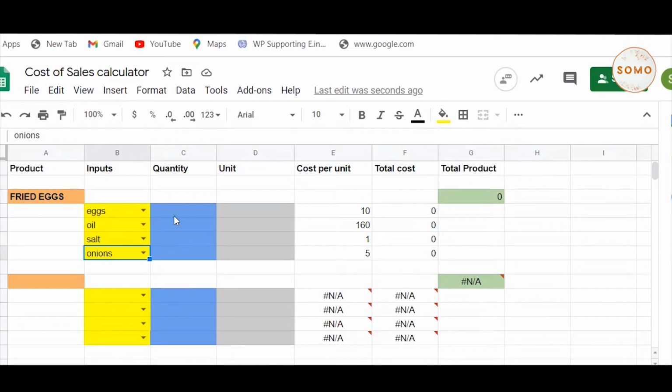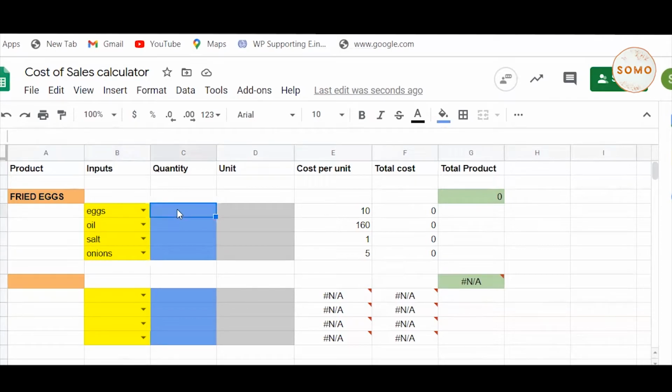After filling in the inputs for making fried eggs, we'll now go to putting the quantity that will be used to make 50 roll eggs. In this case, 1 roll egg takes 2 fried eggs. For 50 roll eggs, that means we will be using 100 eggs.